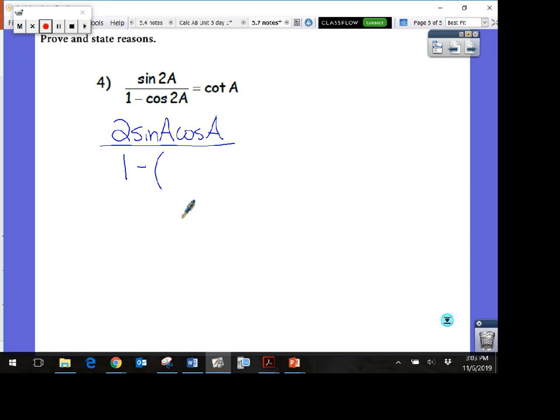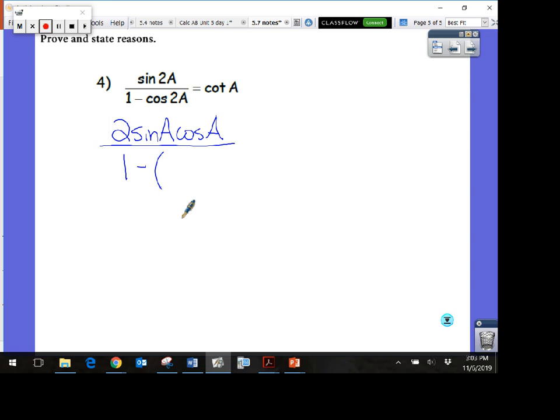Now, when you're doing this, sometimes, especially when it's a proof, we can kind of think. So cotangent A, if we think about our ratio ID, cotangent A is equal to what? Cosine over sine. So there's a sine in the denominator. So we probably want to put a sine in our denominator, which would help me pick maybe the correct one.